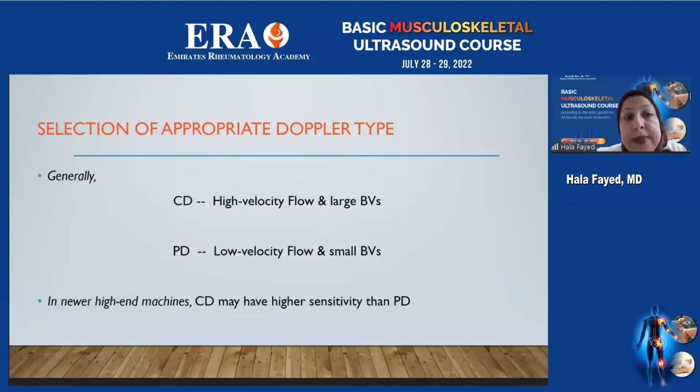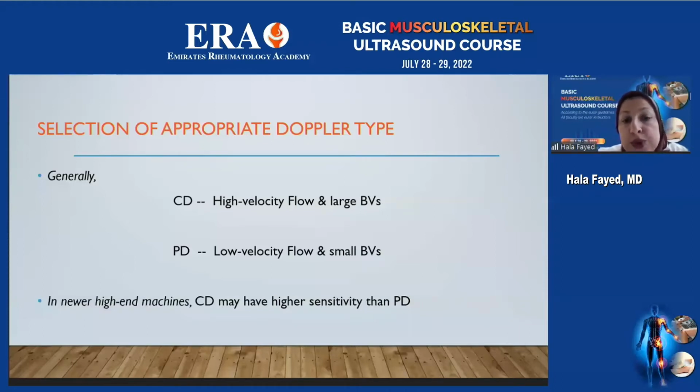So as regards the selection of the appropriate Doppler type, generally color Doppler is useful to detect high velocity flow and large blood vessels. So it is mostly useful in cases of vasculitis or in examining large blood vessels in general, for atherosclerosis, aneurysms and so on.